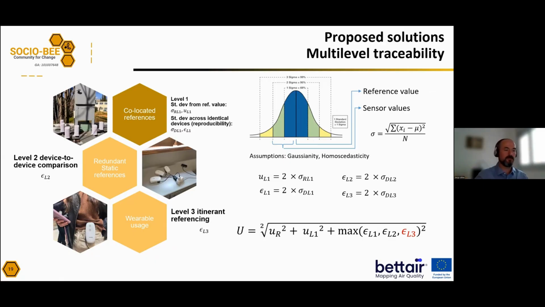That would be a level 3 dispersion, the maximum of these. I place it here in red because level 3, first of all, is going to be the greater one. But in this analysis, I have not used it. We are still analyzing the data, and we don't have figures for this. I only have figures for the uncertainty estimated in stationary mode, not wearable mode.